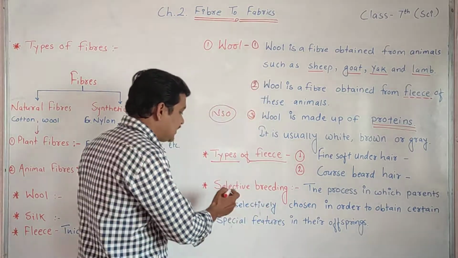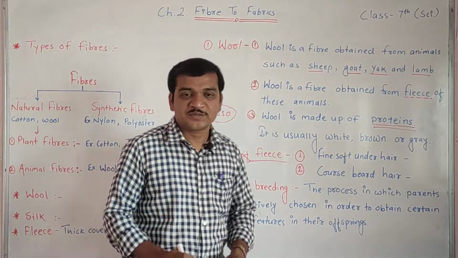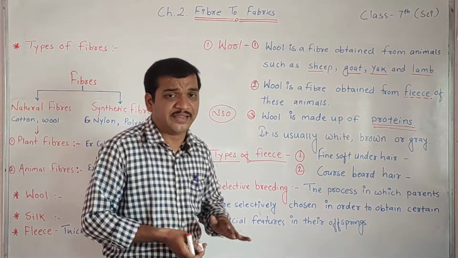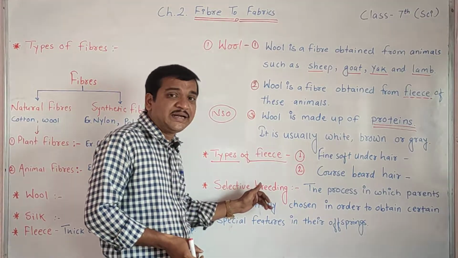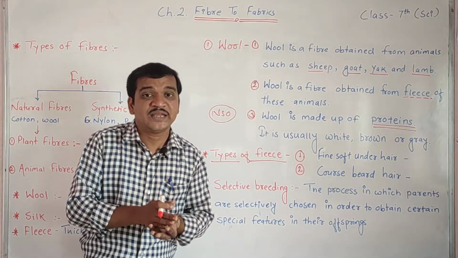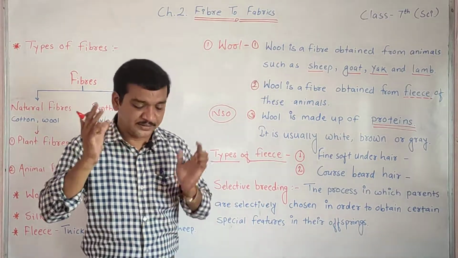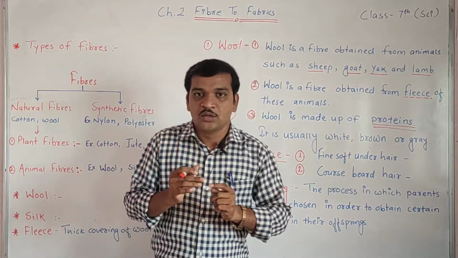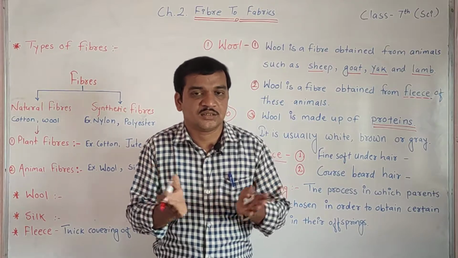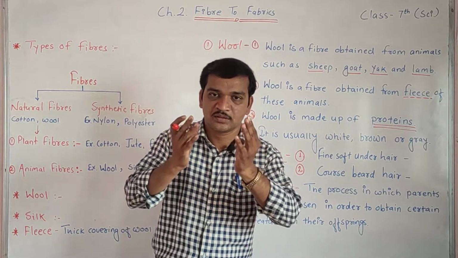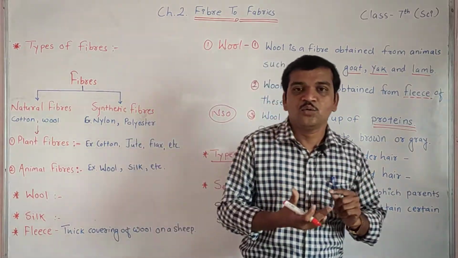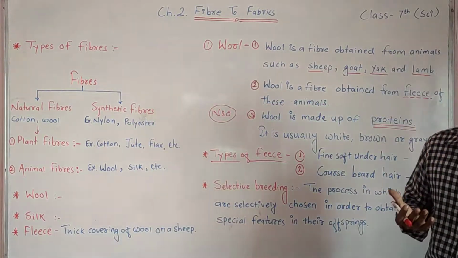That is called selective breeding. Now what is selective breeding? Breeding means multiplying. So some species are selected to get a good quality of yield. For example, suppose we want a good quality of wool. We cannot get wool directly from all species of goat or sheep.